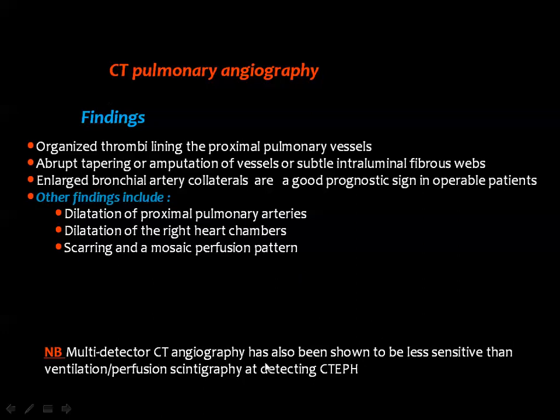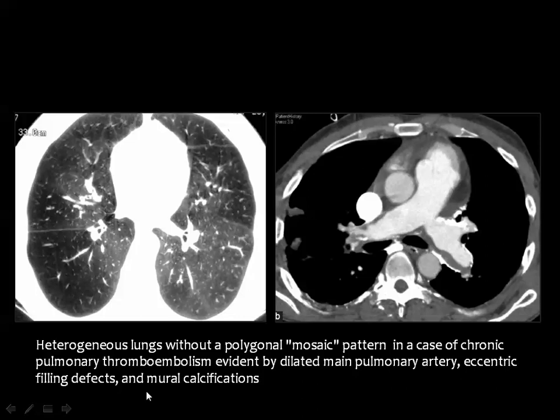Multi-detector CT angiography has also been shown to be less sensitive than perfusion scan in detecting chronic thromboembolic pulmonary hypertension.